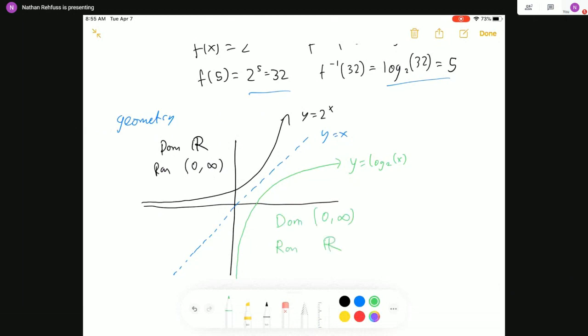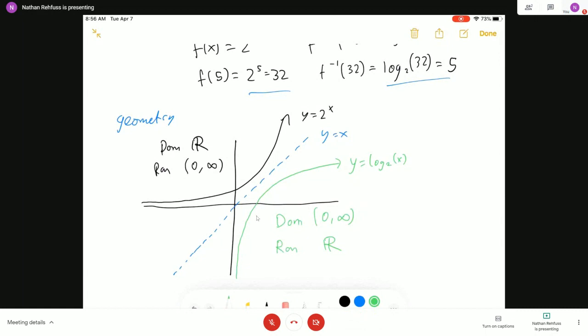So the domain and range really have changed places. Another thing I can see is that this logarithm graph is always increasing, and I can see that it's got an asymptote, and now instead of the asymptote being this tail out on the x-axis, like it was for 2 to the x, now the asymptote is this tail straight down on the y-axis.